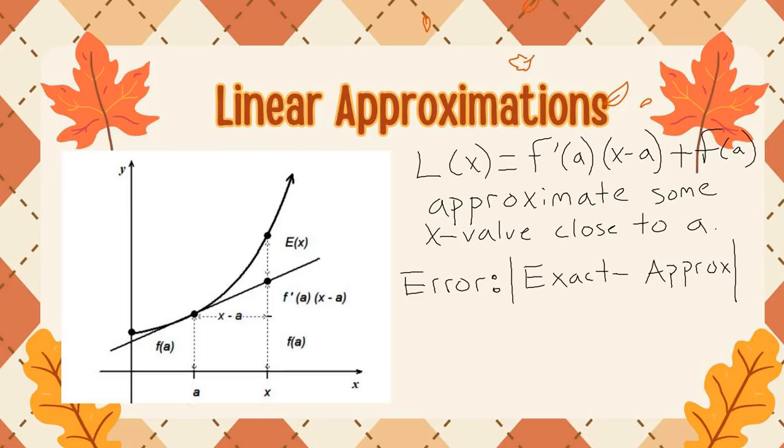Why would you approximate if you could already find the exact? In this case, we probably wouldn't. However, later on, we're going to be dealing with other types of errors. What this can be helpful for is that sometimes we don't necessarily want to know what the actual value is, but we do want to know if it's smaller than a particular value.